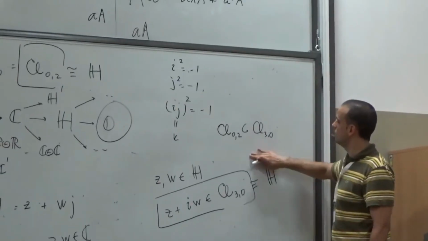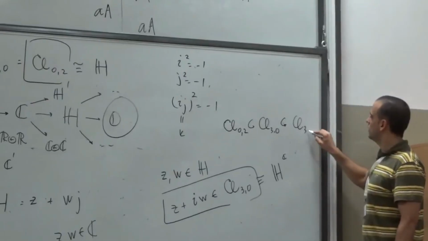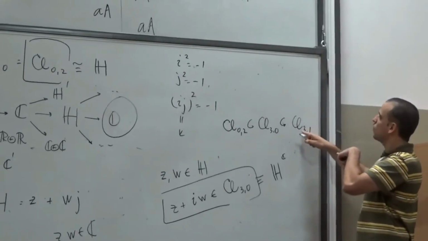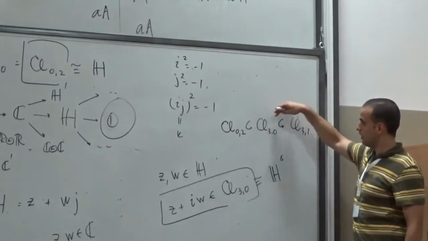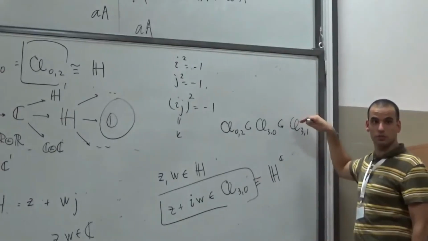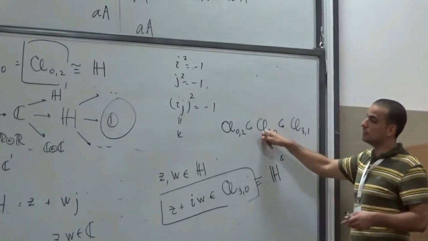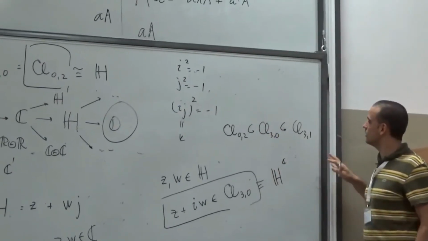Okay. So the next one would be space-time. Okay. 3-1 or 1-3, they are different algebras, but this embedding is true in both cases. In terms of the even subalgebra, there is no difference.